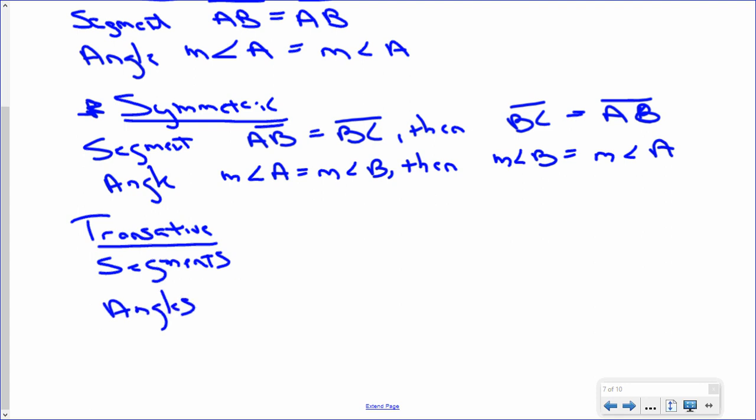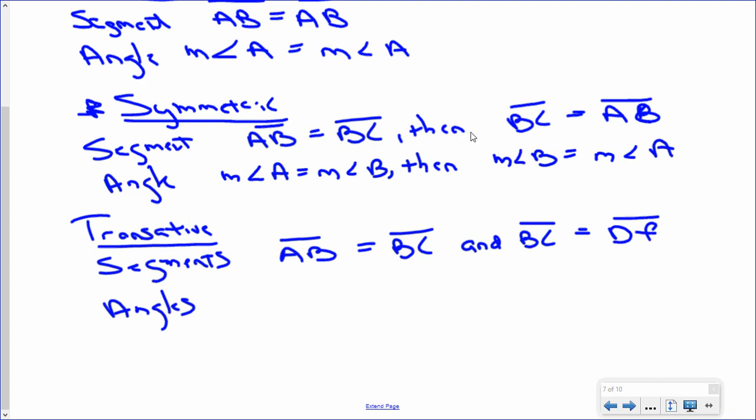Transitive starts with, let's say you have segment AB, and that's equal to BC. And you also know that BC is equal to DF. Then we have a comma, then here's what we can conclude.